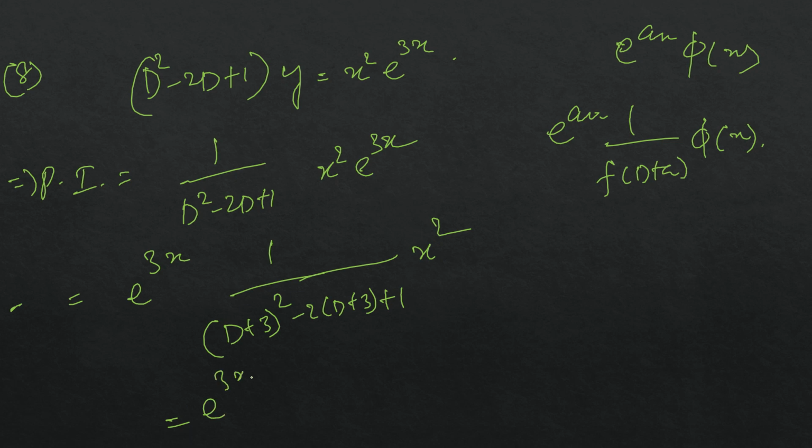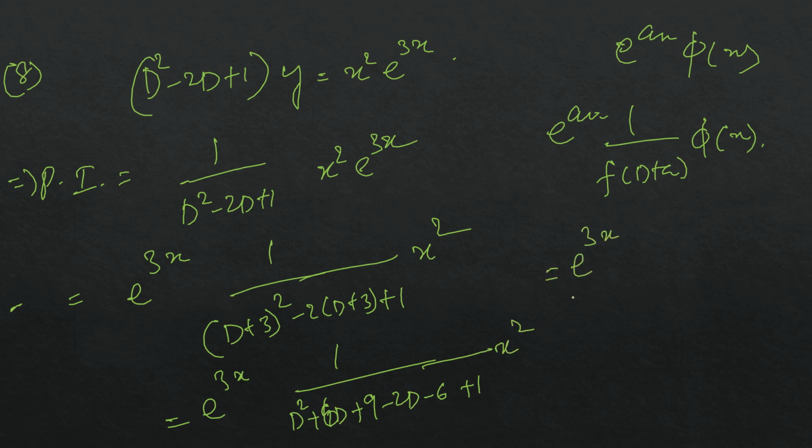So it is e to the power 3x, 1 by D square plus 6D plus 9 minus 2D minus 6 plus 1, x square. That gives me e to the power 3x, and this one will be how much? 1 by D square plus 4D plus 3 plus 1, that is plus 4, x square. Right? So here you can do it. How will you do this one? Tell me.